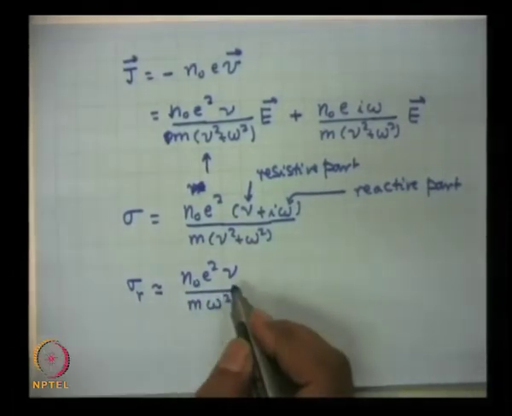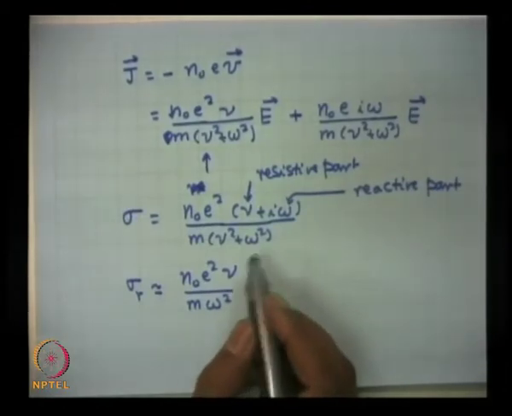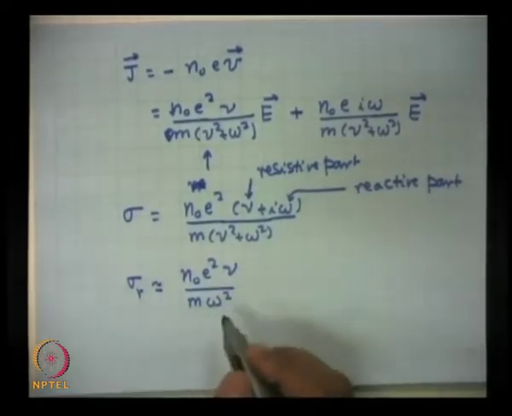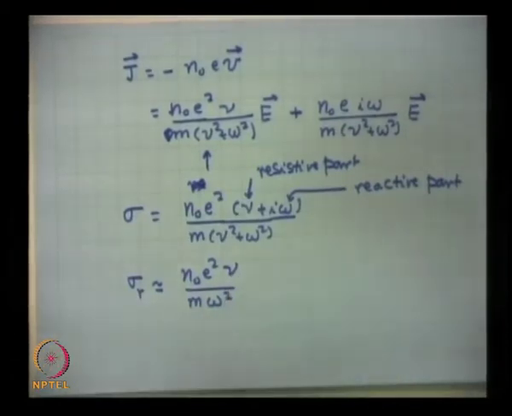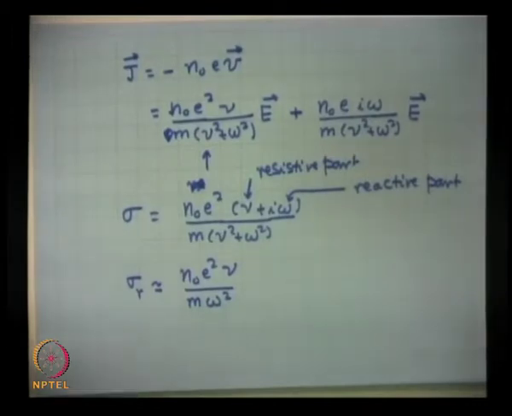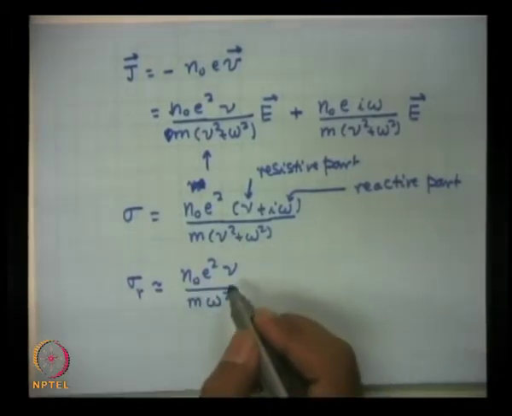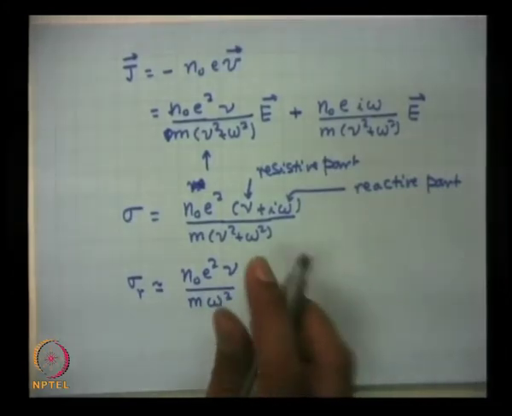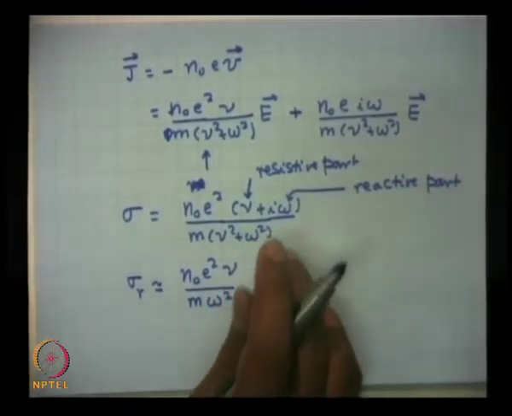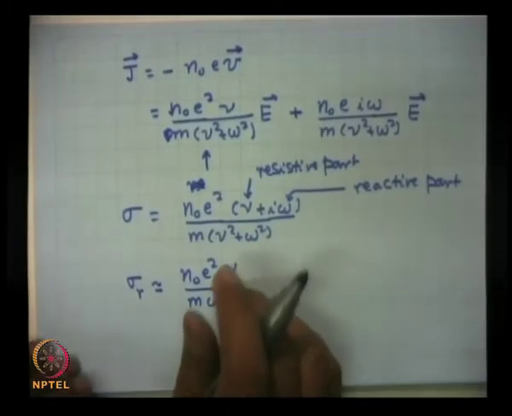So, rather than calling this entire quantity the resistive part of conductivity, we call nu simply resistivity in general usage. So, nu is representative of the resistive part. So, that is the quantity effective nu you have to define.